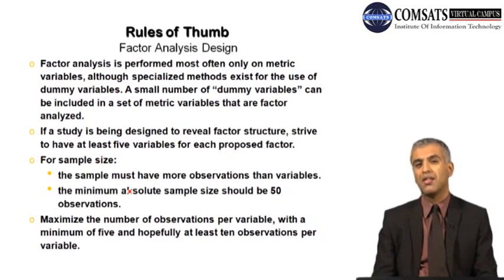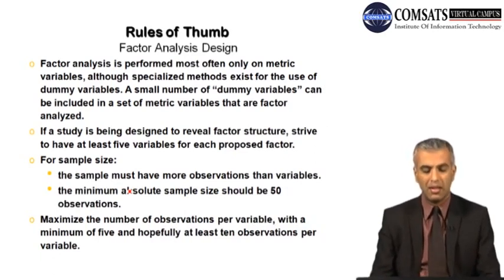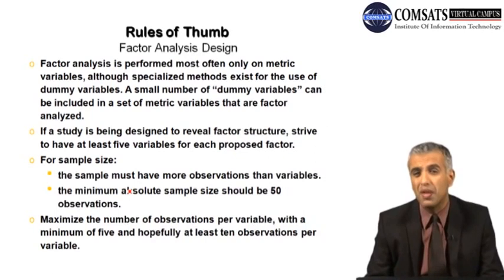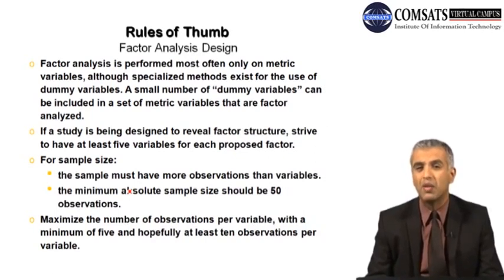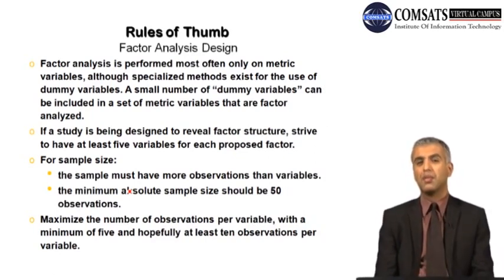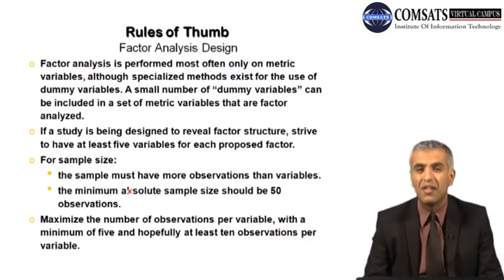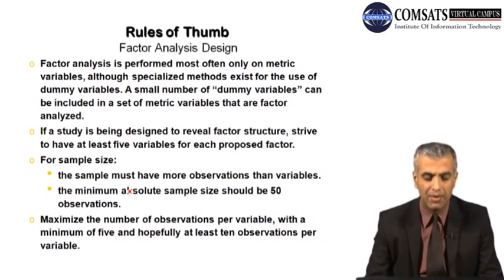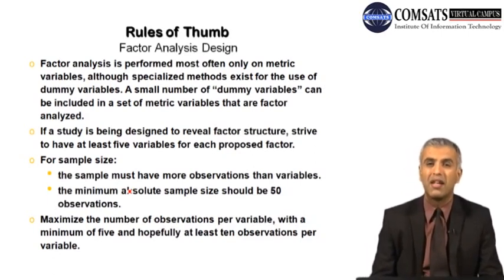Another rule is that there should be at least 10 observations per variable involved in a factor analysis. So these are the various conditions which should be ensured before commencing factor analysis. Without these conditions, factor analysis will not give us any kind of meaningful result.